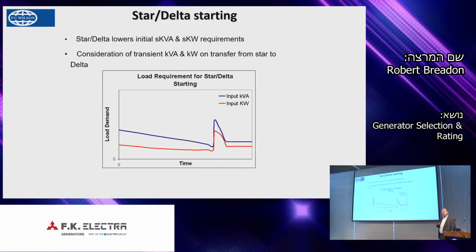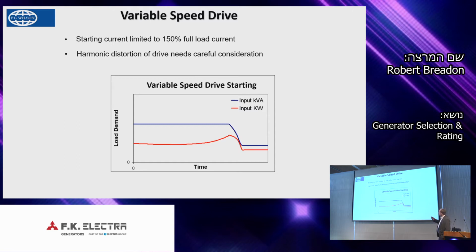And as Johnny was saying at the very start, we have a lot of tools to assist with this selection. One of the tools is GenSelect, and we have the ability to model different starting methods like star delta in that software tool. With variable speed drives, the ideal situation is that they limit the starting current to about 150% of full load current.